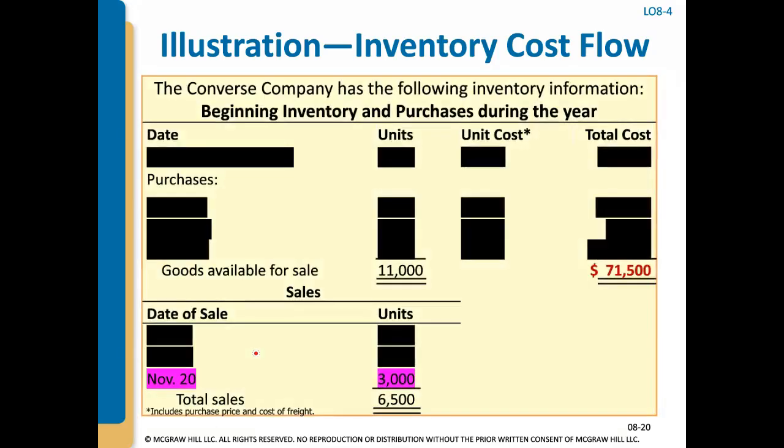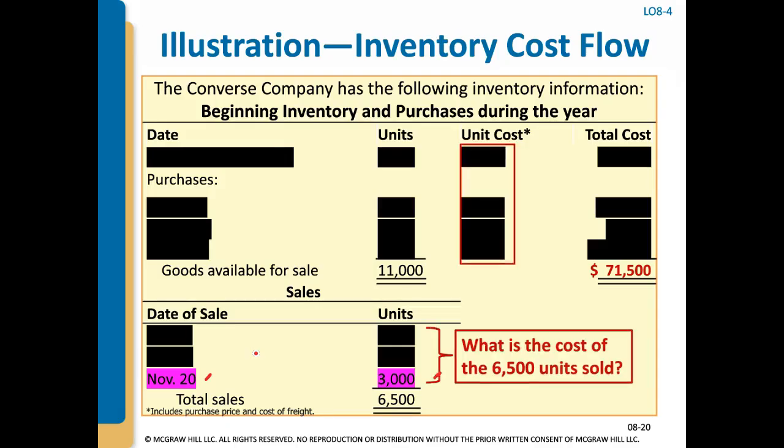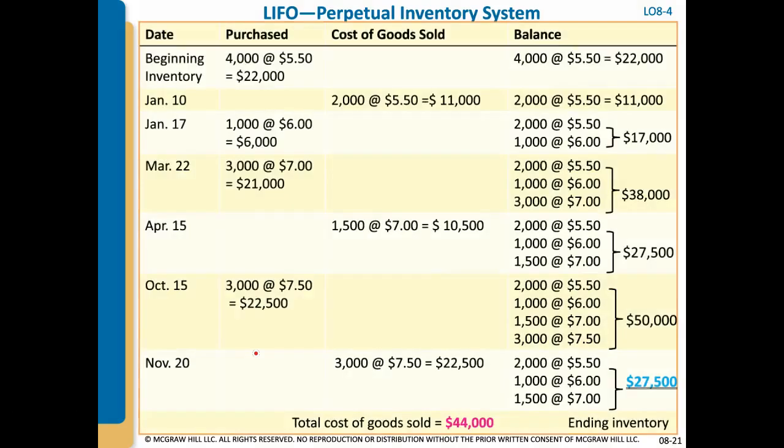Okay. My last transaction from this example is a sale on November 20th for 3,000 units. Let's see how we allocate that cost. November 20th, 3,000 units, and the question is, what amount am I going to allocate to the 3,000? I'm going to look at my October 15th ending inventory and my layers.